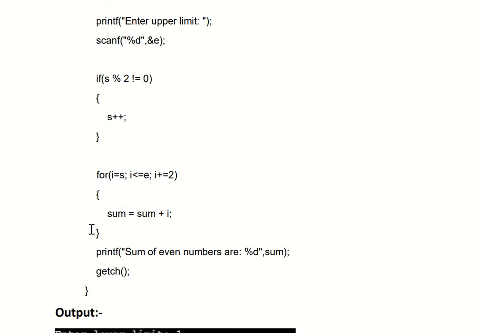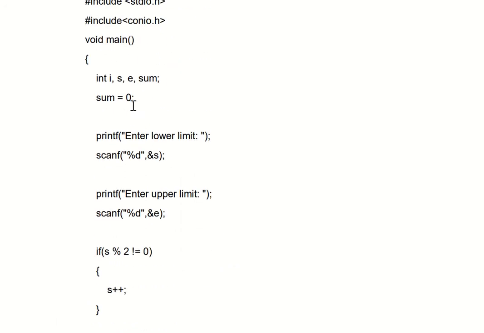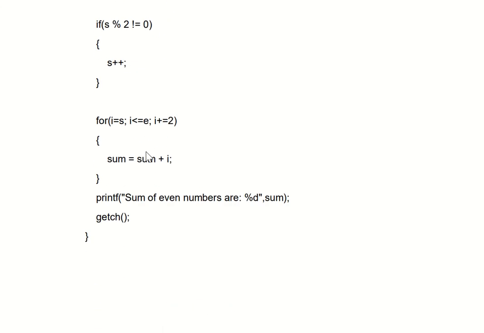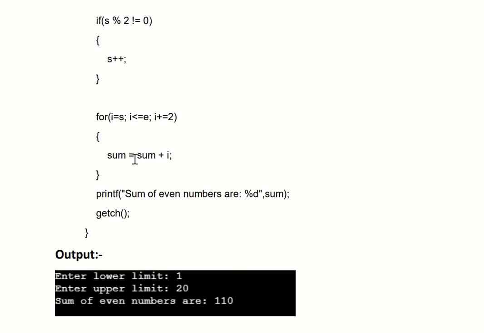Inside the for loop we have only one statement, that is sum equal to sum plus i. The initial value of sum is 0, which means sum equals 0 plus the value of i, right now 2. So sum equals 2, and then the closing bracket.